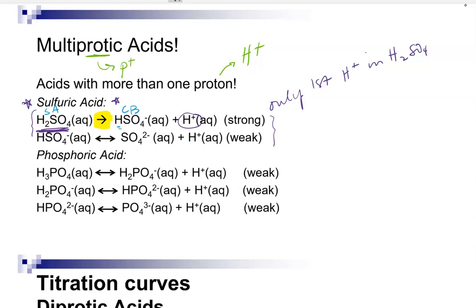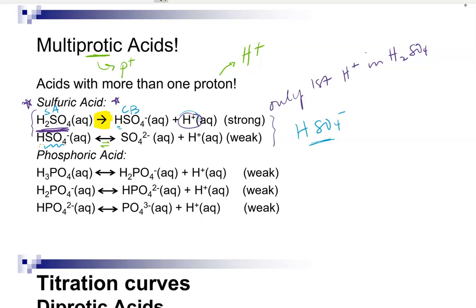And so in a sense, this ion here has some amphoteric properties, in that it's the conjugate base created when sulfuric acid loses its first ion, and then it can further dissociate.